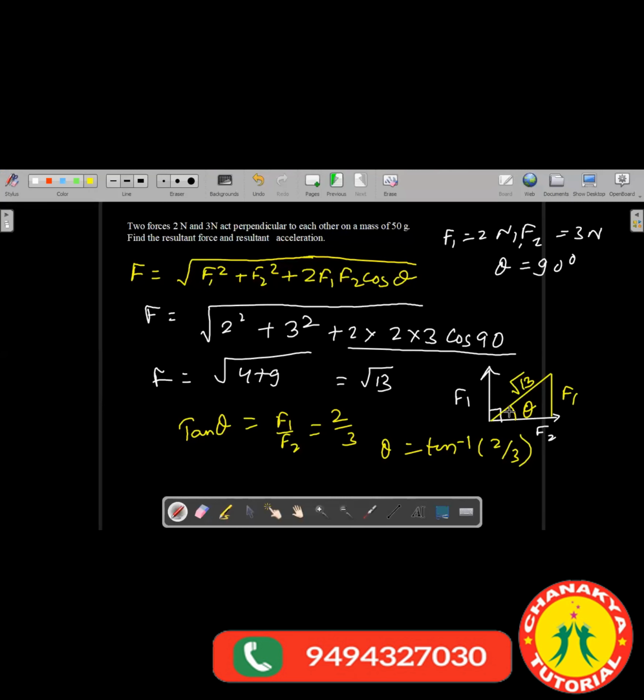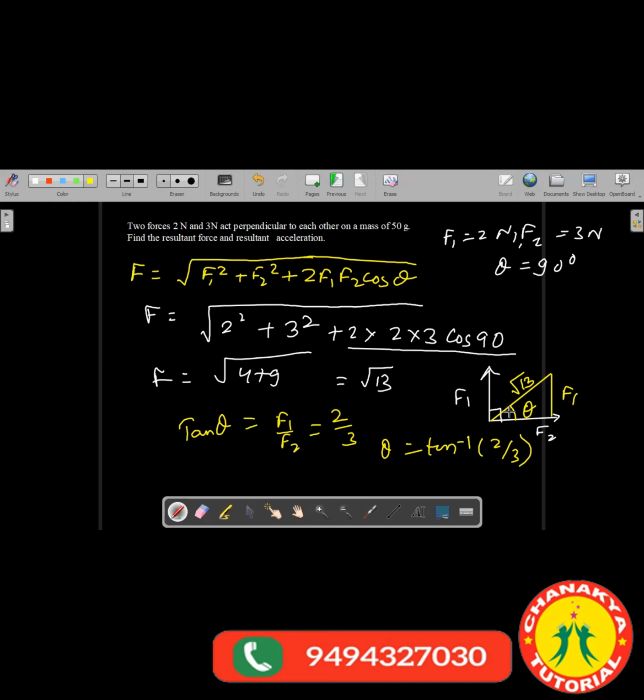I have calculated the force, and hence I can also find out the acceleration. If I know the value of force, I can find out the value of acceleration. So for that, I use a calculator here to find under root 13.